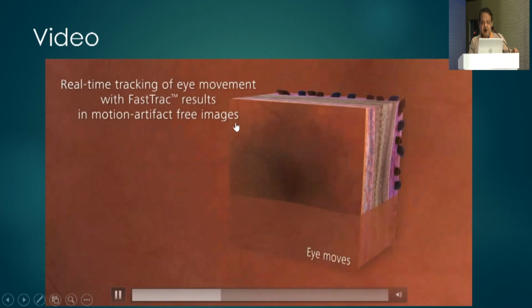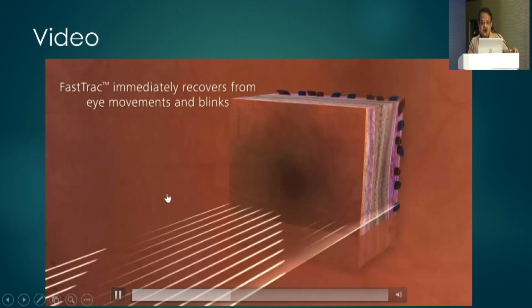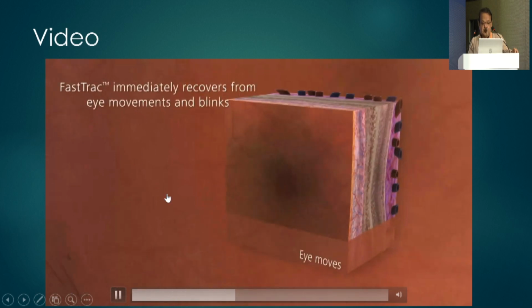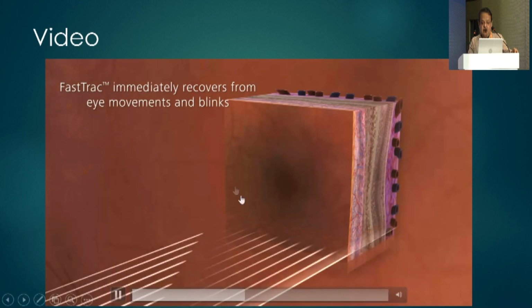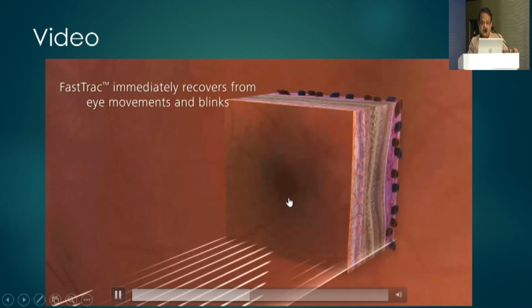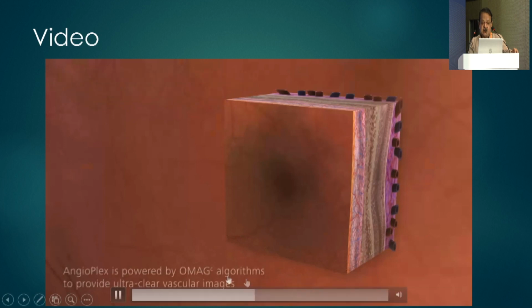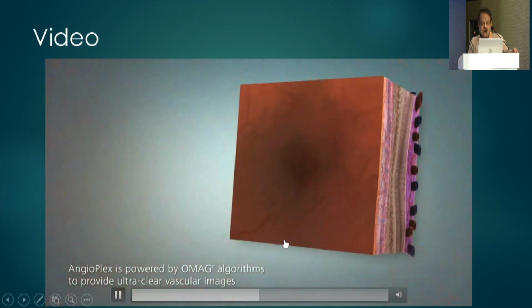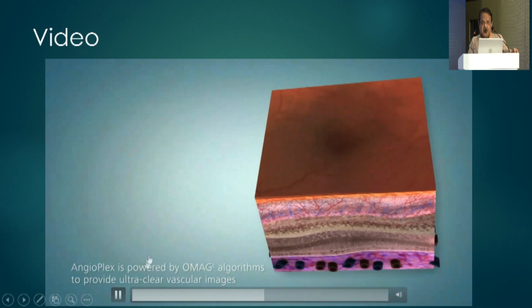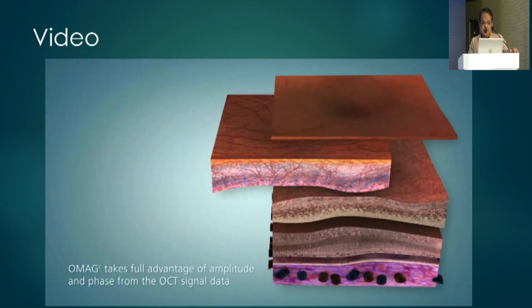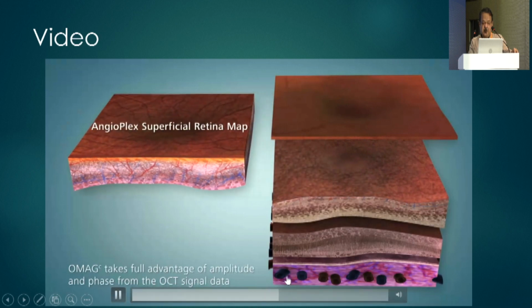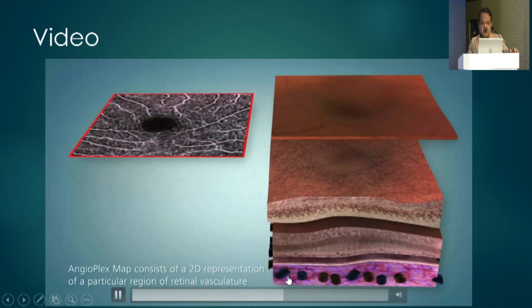It has a fast track system, so motion artifacts are decreased. When the patient blinks, it stops, and once the patient starts fixing again, it starts tracking the eye. It is powered by OMAG algorithms, which take care of the amplitude and phase from the OCT in single data.